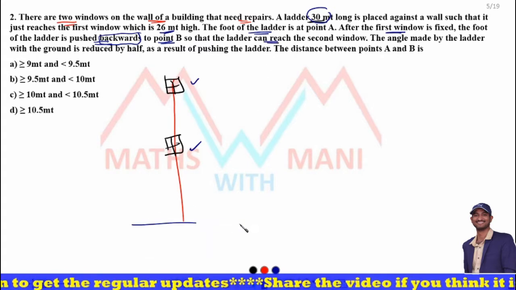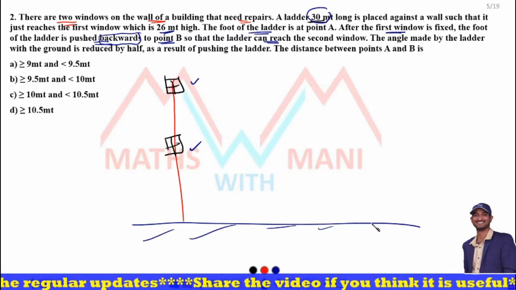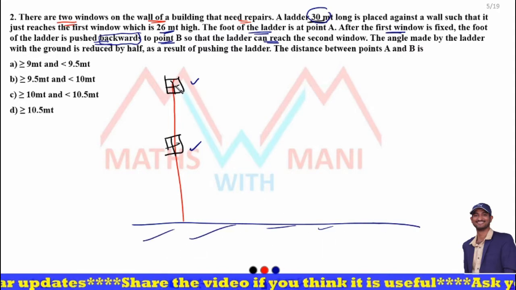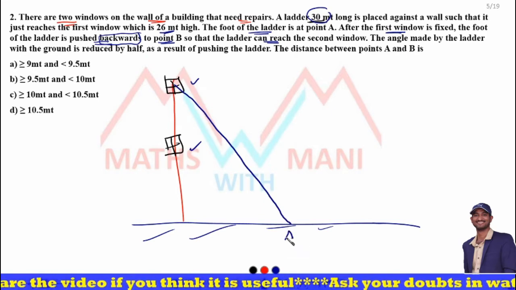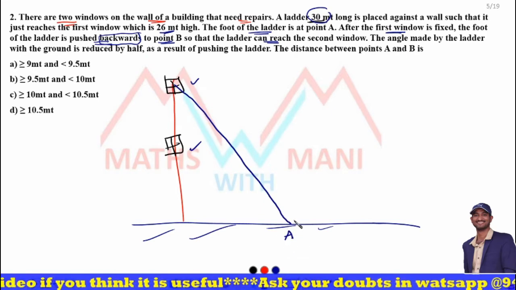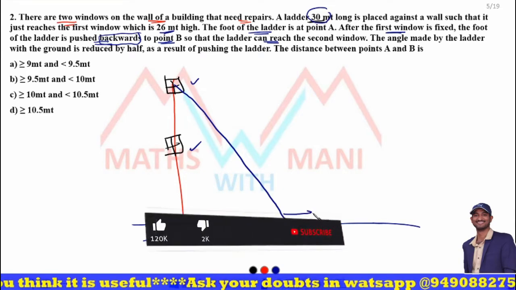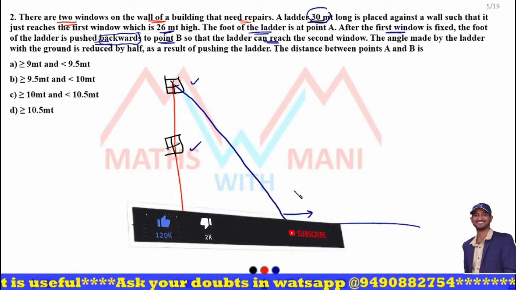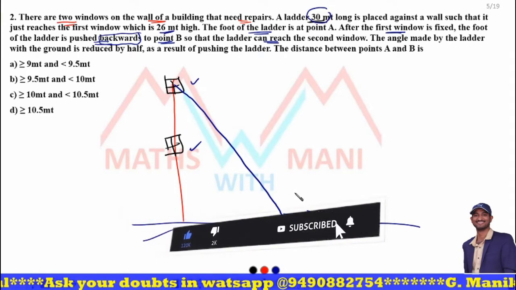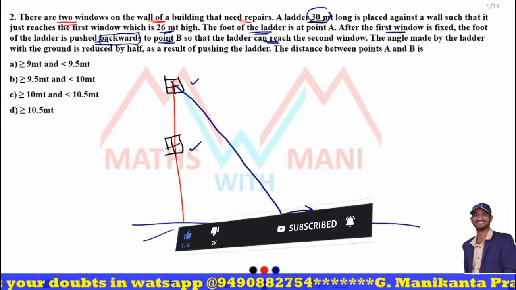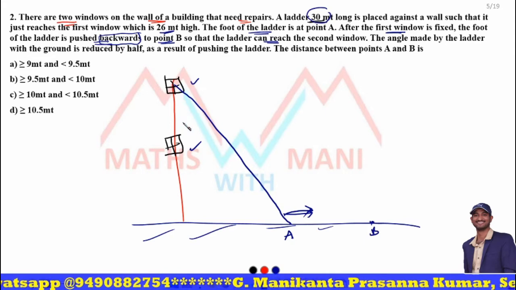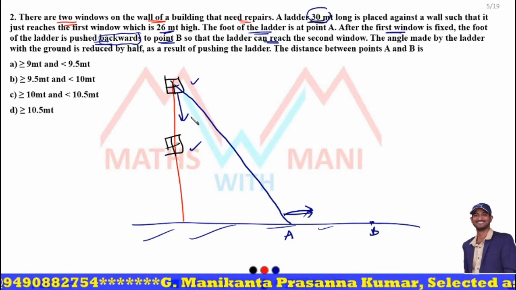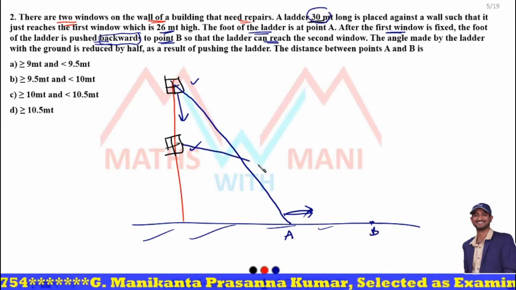If you observe clearly, suppose this is the ground and the first position of the ladder is this, where the base point is A. If it is moved towards B, that is, the foot of the ladder is pushed backwards, not downwards, then it goes to point B and the ladder comes downwards, to the second window.